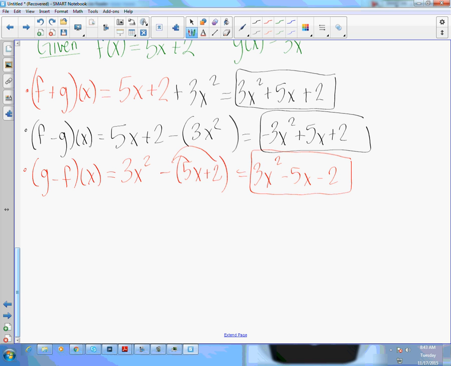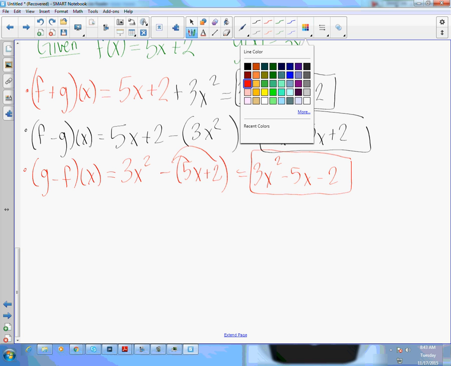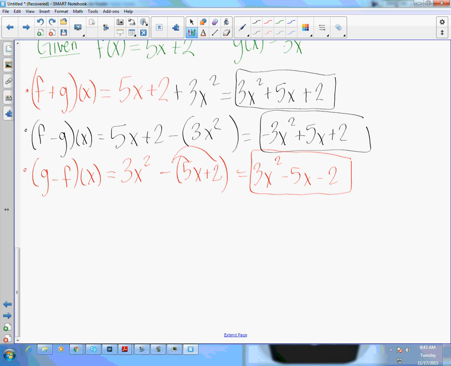Now, let's add another layer of difficulty. Let's keep the same one we did. It's just g minus f of 2. What's different this time? We plug in x is 2. So we've already done g minus f, so we'll do that first step.